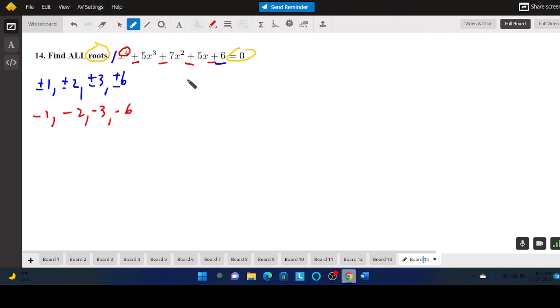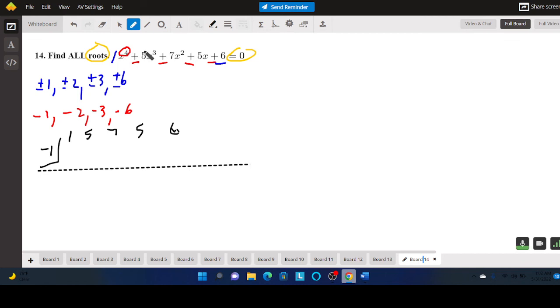So let's use synthetic division starting with negative 1. Okay, so 1, then 5, then 7, then 5, then 6.